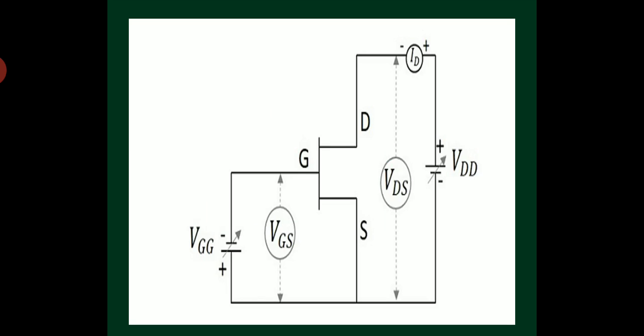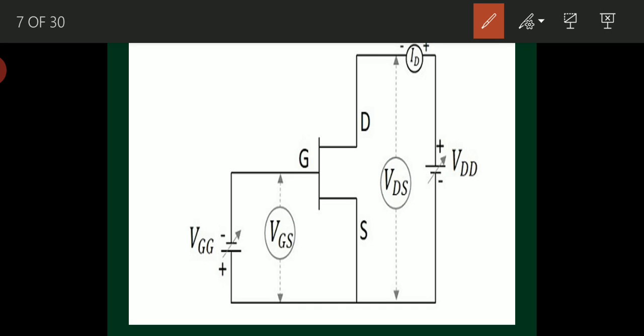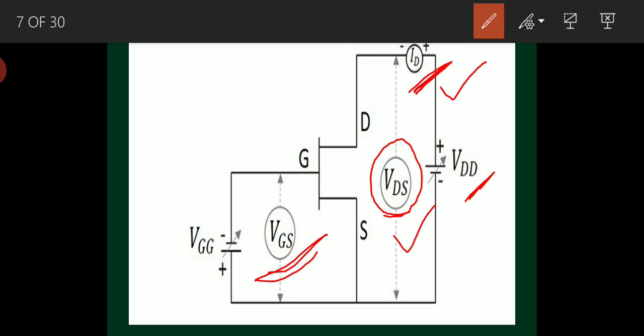So VDD is the voltage source I am giving here. Okay, this is called double subscript notation. VDS is the voltage between drain and source, and ID is the current at drain terminal. Okay, so VDS is called output voltage and ID is called output current. VGS is the voltage between gate and source terminal.